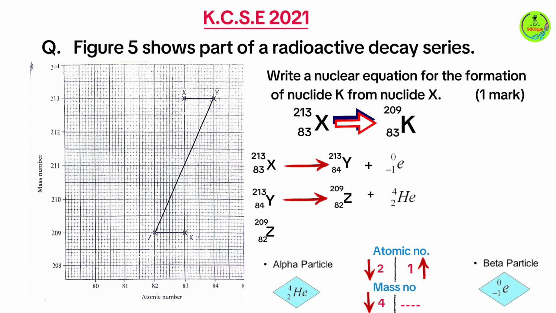Our last one, Z to K. If we look at Z and K, what is the difference between the two? We have an increase in the atomic number, mass number remains the same. This is beta radiation. So in short, the changes seen leading to the formation of K from X involve the release of 2 beta particles and 1 alpha particle.